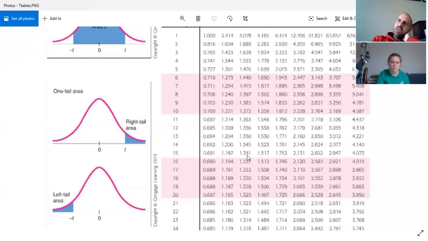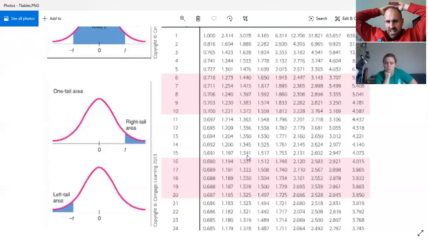Now, if they asked for a 95% confidence interval and they didn't say anything about an upper or a lower bound, well, in that case you would want 5% in the tails total, which means you would have how much in each tail? 2.5%.